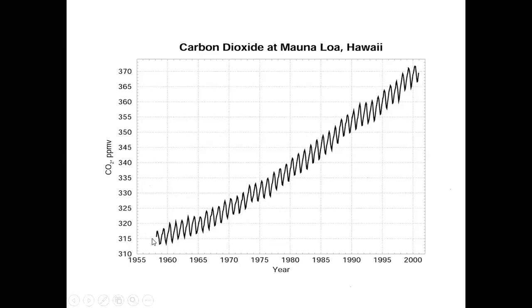Here you can see the CO2 level is increasing with time, but there's a zigzag pattern. There's a reason for the zigzag pattern. That means first it increased, then the CO2 level decreased. Again, it increased, decreased. It has a zigzag pattern.